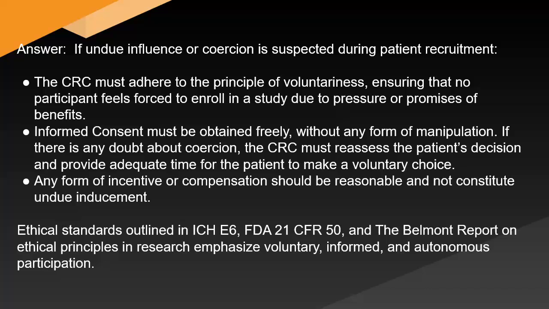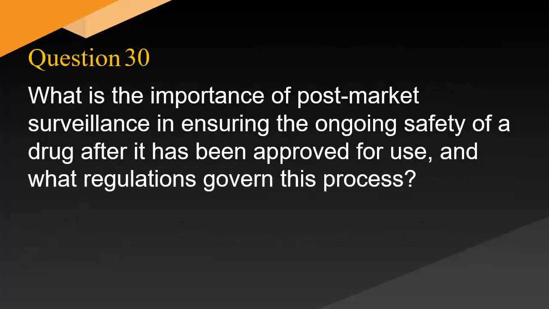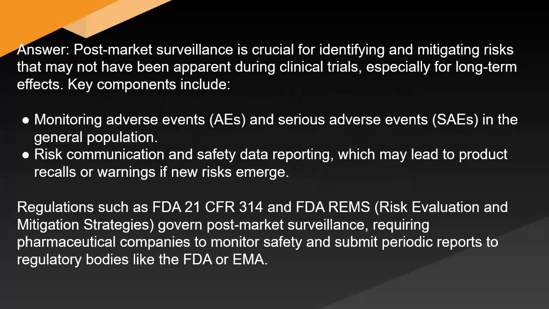What is the importance of post-market surveillance in ensuring the ongoing safety of a drug after it has been approved for use, and what regulations govern this process? Answer. Post-market surveillance is crucial for identifying and mitigating risks that may not have been apparent during clinical trials, especially for long-term effects.